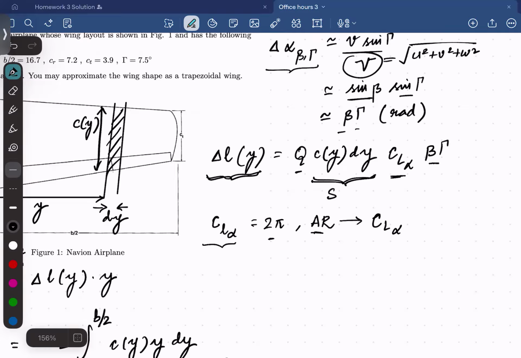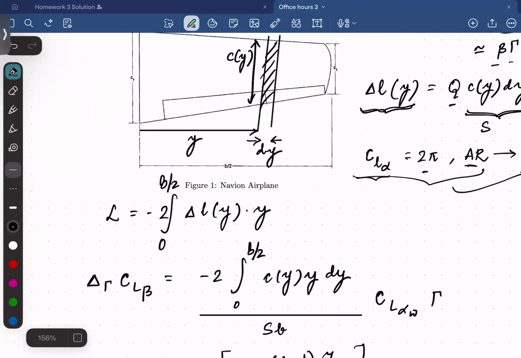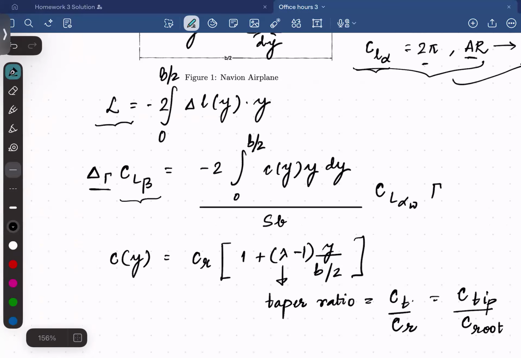You can calculate the aspect ratio, and then use these two pieces of information to get the 3D lift coefficient, which you plug in here. Then you calculate the rolling moment and non-dimensionalize it to get the contribution to C_l beta from the dihedral, which is given by this big expression.